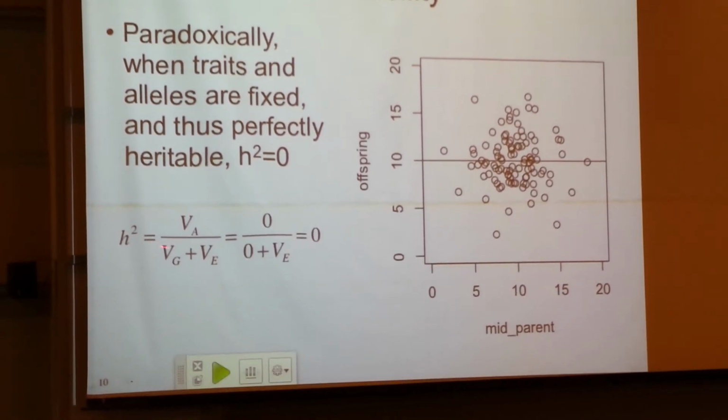When you've selected out all of the variation, when the corn is just high oil, or you select the other way and it's just low oil and there's no variability left, then the genetic variability goes to 0. All that you have left is environmental variability, and 0 divided by 0 plus something is going to be 0. That means that when you look at that corn today, after it's been bred for 100 years, you wind up with a flat slope.